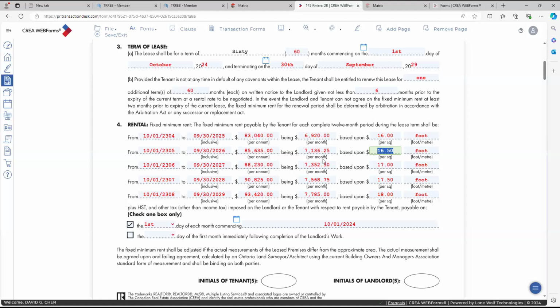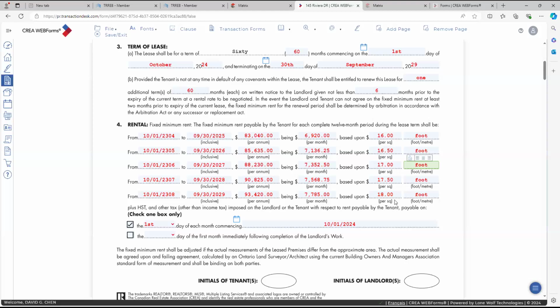It's up to you. Normally go with 50 cents. Sometimes it depends on the market. If it's a good, hot market, 50 cents is not enough. Sometimes they ask you for 75 cents or even a $1 increase. Remember, okay? So here, for training purposes, I just put 50 cents every year.